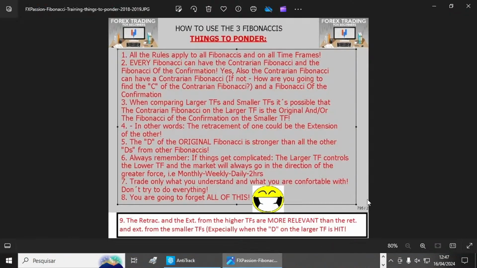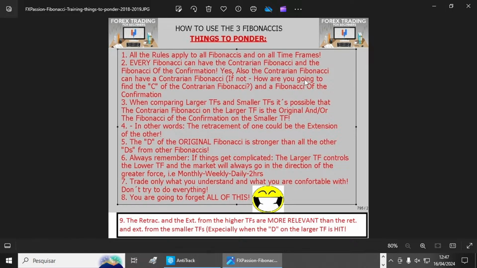And lastly, before we start the Forex trading week, 3 things to ponder. All the rules apply to all Fibonaccis and on all time frames. Every Fibonacci can have the contrarian Fibonacci and the Fibonacci of the confirmation. Yes, also the contrarian Fibonacci can have a contrarian Fibonacci.